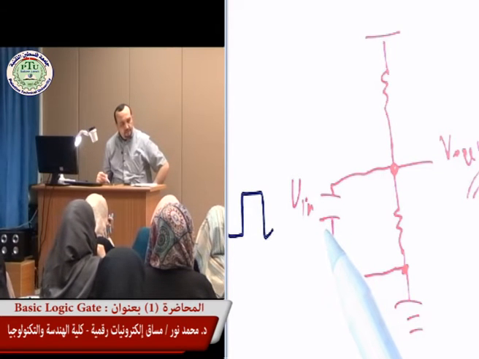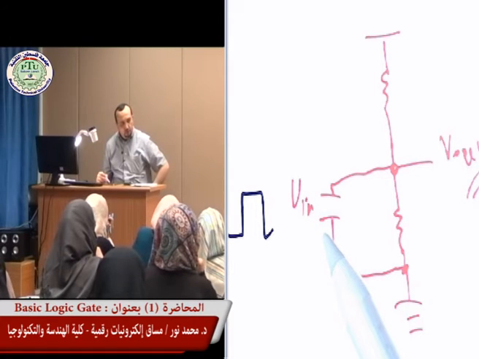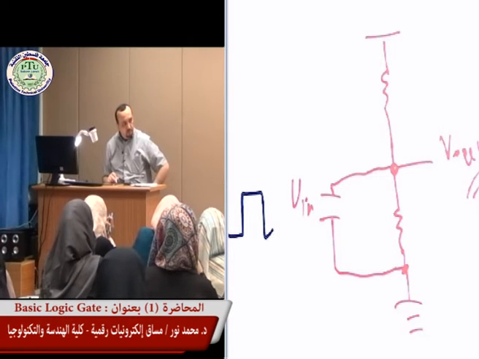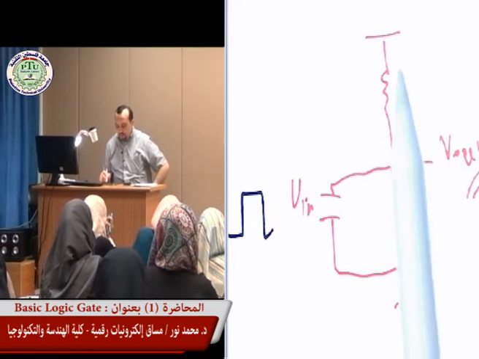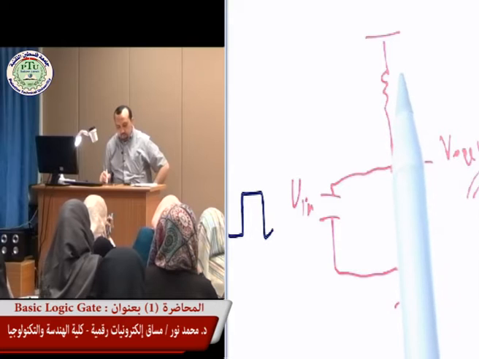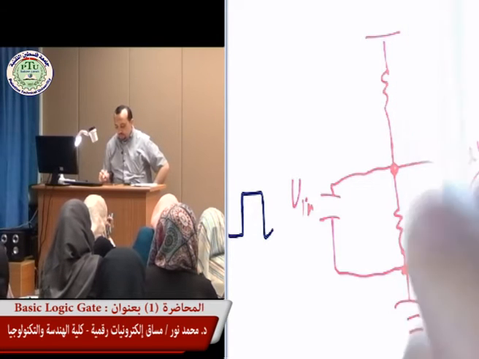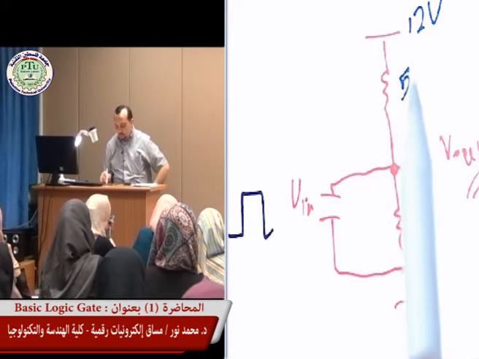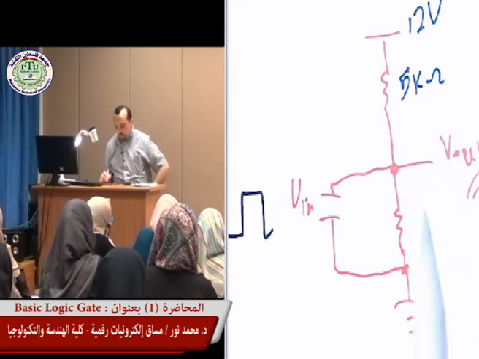This is an NO, right? So it's open by default. So if it's open when the clock is 0 or the voltage is 0, what do we have? We have basically a voltage divider, right? So we have here, let's say 12 volts. We have a resistor here of 5 kilo ohm. And we have another 5 kilo ohm.